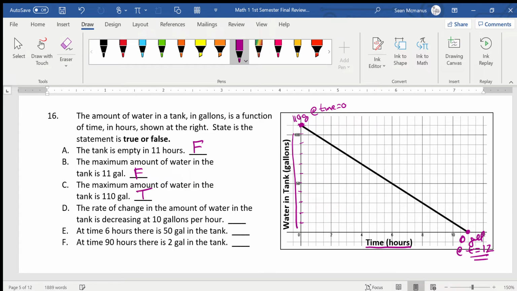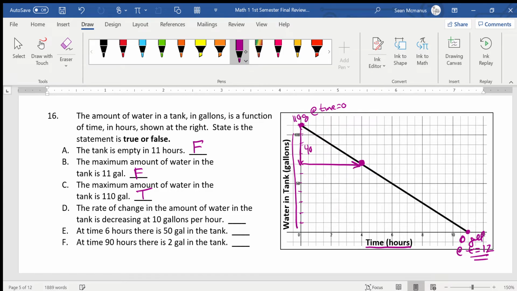That's true. We just saw that. The rate of change is the amount of water in the tank decreasing at 10 gallons per hour. So let's find a slope triangle and find out. So we have a point here. Let's pick, to make it nice and big, let's go here. Right, so over time it's going down and over. So it's going down, by tens, 10, 20, 30, 40.